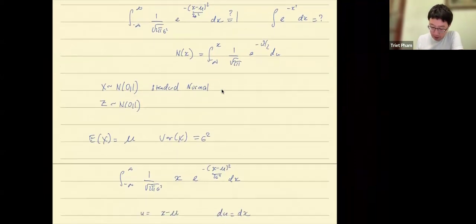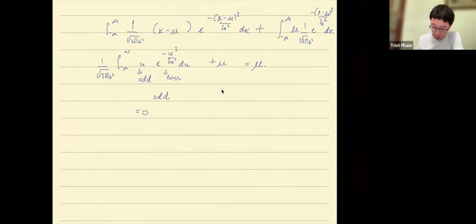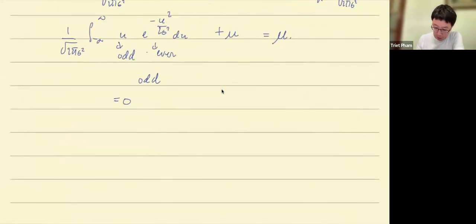Now, one thing that is super important about the normal that you should know is that if x is a normal random variable, let's say mu, sigma squared, then ax plus b still remains a normal, but with mean a mu plus b and variance a squared sigma squared.